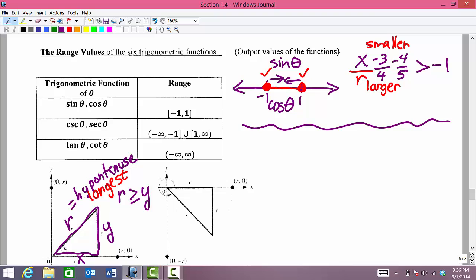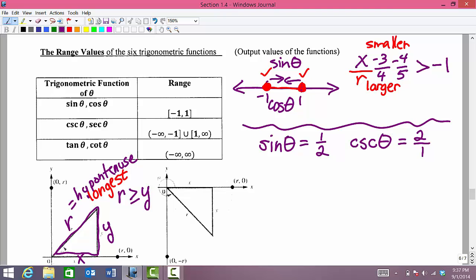What about cosecant and secant? Let's pick a value out for sine. Let's say that sine, and we have to pick a value that comes from -1 to 1. Let's say that sine is equal to a +1/2. Then the cosecant value would have to be the reciprocal of that. So if I pick a point that exists between -1 and 1 for sine, cosecant would be the reciprocal of that. And you notice that cosecant isn't going to be smaller than 1.